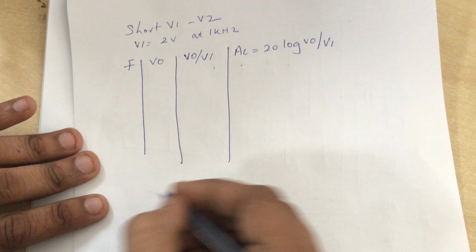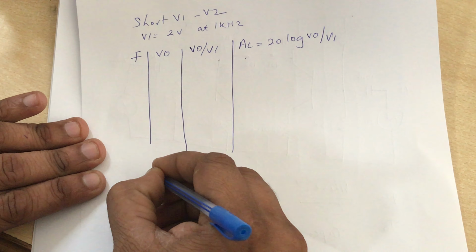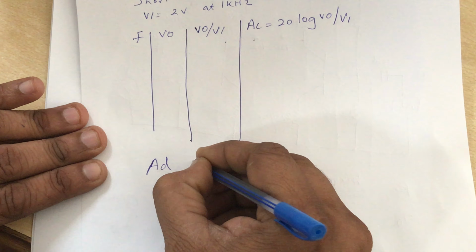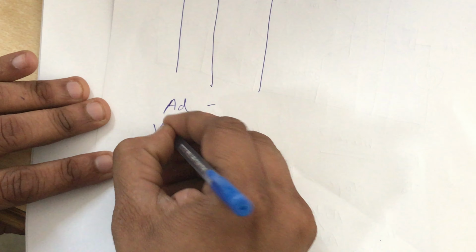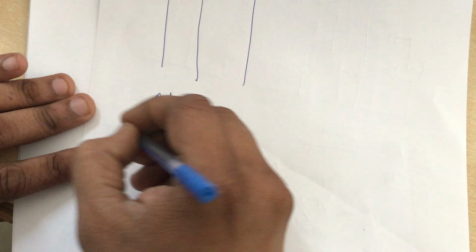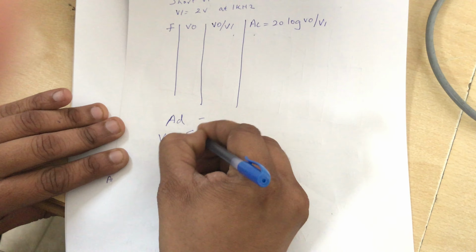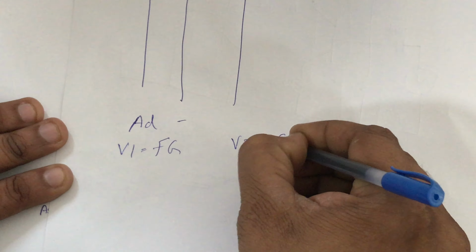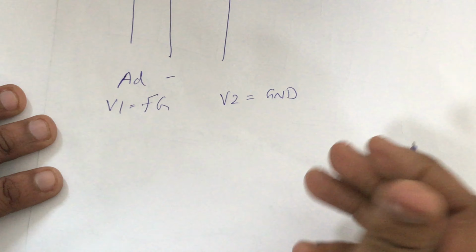In the next experiment, we calculate the differential mode gain. Since I would need two function generators for giving V1 and V2, I give V1 through the function generator and ground V2, so that I can vary V1 and find the gain.